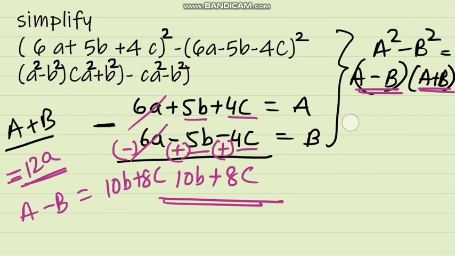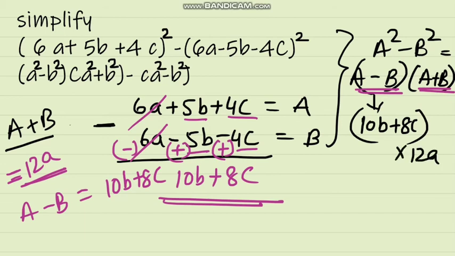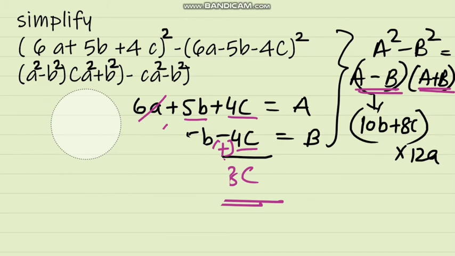So let's see what we are getting. I'm just clearing the board. Okay, this a minus b is equal to 10b plus 8c, and your a plus b is equal to 12a. I'll just clear the board and put it here for your convenience now.